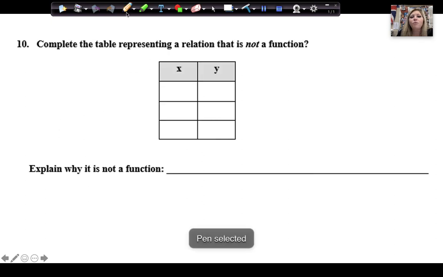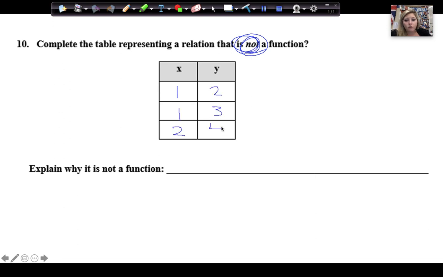Okay, complete the table representing a relation that is not a function. Not a function. This could be a bunch of different answers, but here's what we need to make sure of. We need to have more than one of the same x value for the y values. So if we've got 1, 2, 1, 3, and 2, 4, that is not a function, because we have 2 of our x values over here.